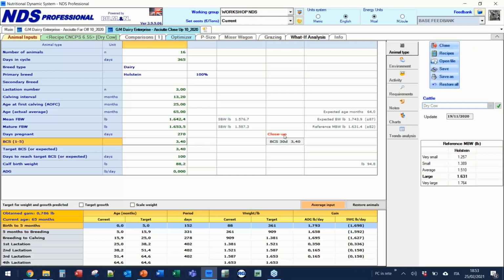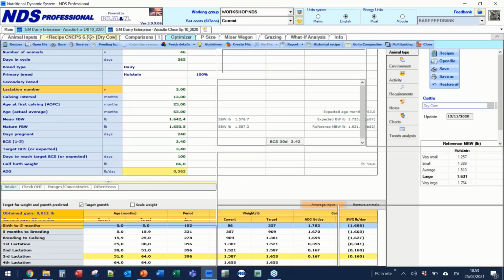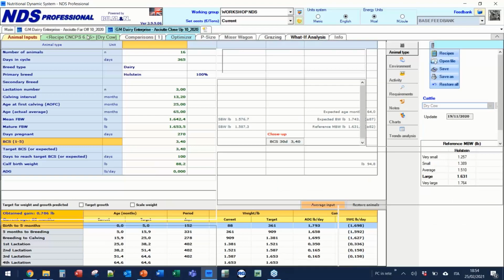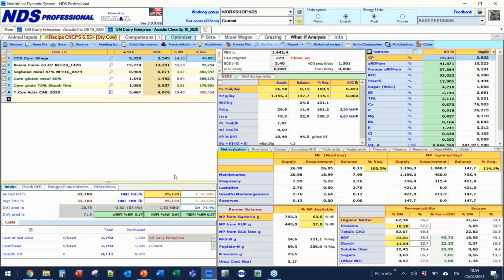This is not just a matter of label, but if we are in close-up, the system also considers the mammogenesis.